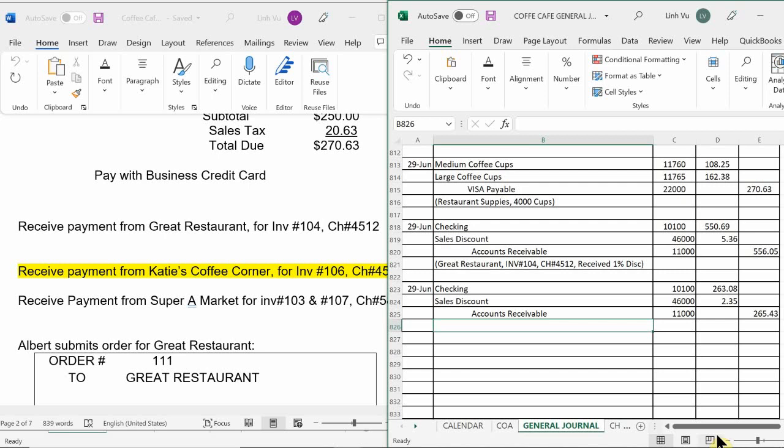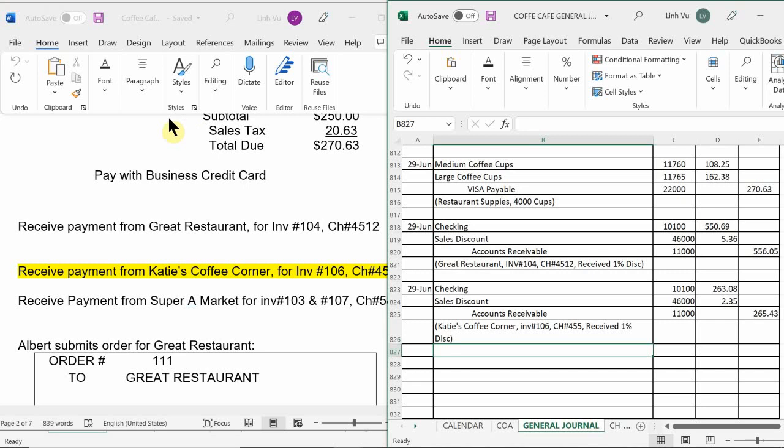And of course you need to put in all the information. This is Katie's Coffee Corner, invoice number 106. Paid with check number 455. And then you can also say they received the 1% discount.